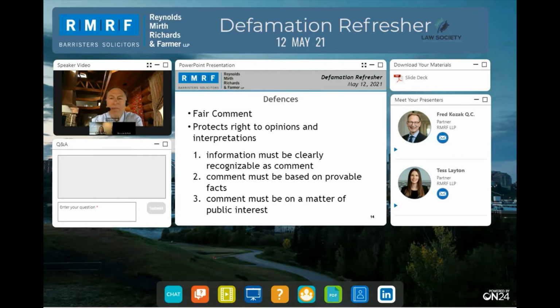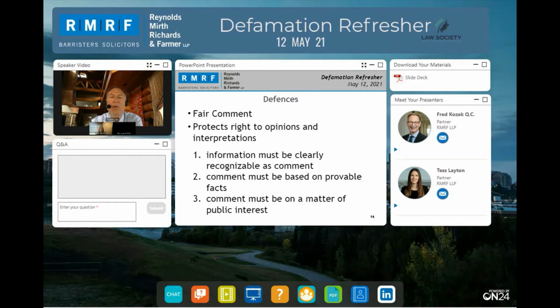So in looking at that, you might come to the conclusion that you have a duty to report that lawyer to the Law Society. And you might also conclude that you have a duty to report that lawyer to the managing partner of the firm.